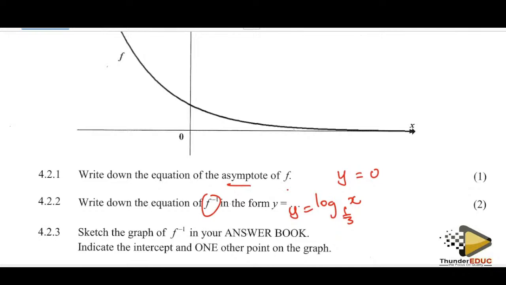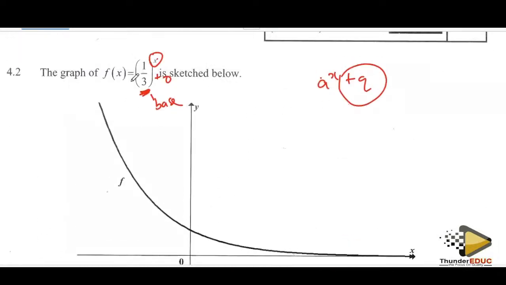Then 4.2.3, they want us to sketch the inverse, and in your answer indicate at least one intercept and one other point. I'm just going to use this same graph. If x is 0, then y, the whole thing, will be 1. So this point here is (0, 1).